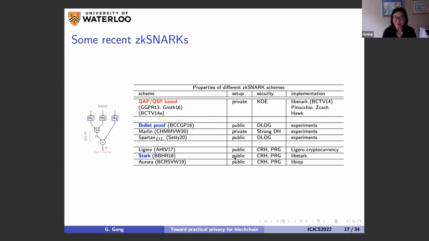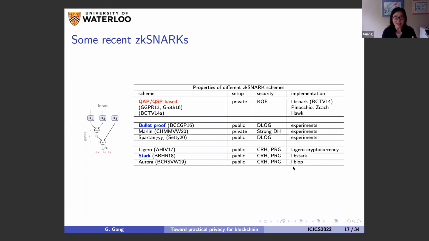Then the last three are basically transparent setup, and the security is just based on collision-resistant hash functions and pseudorandom number generators. And that's Ligero, which is Ligero cryptocurrency. They already implemented it and put it into their actual product. And the STARK, they implemented called Libstark, and Aurora implemented in Libiop.